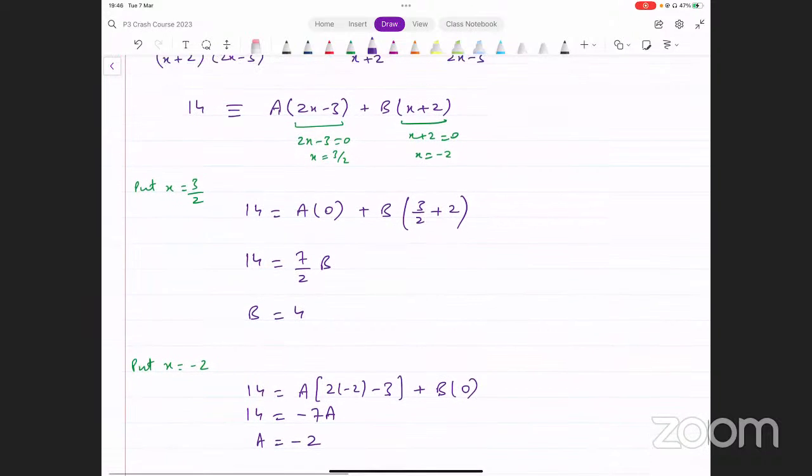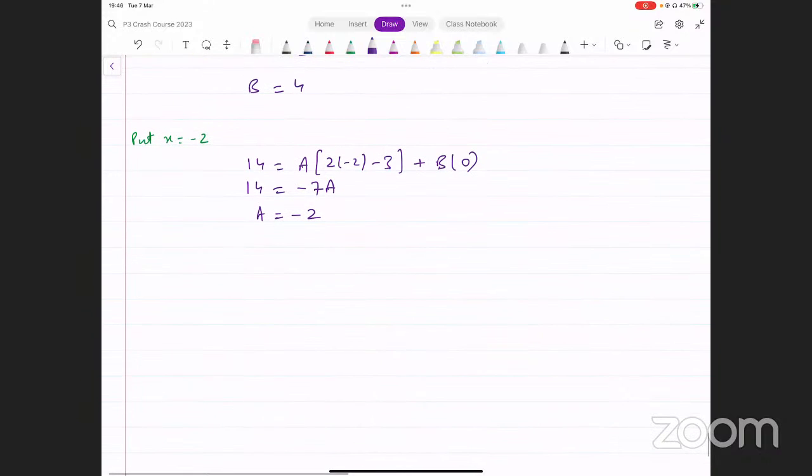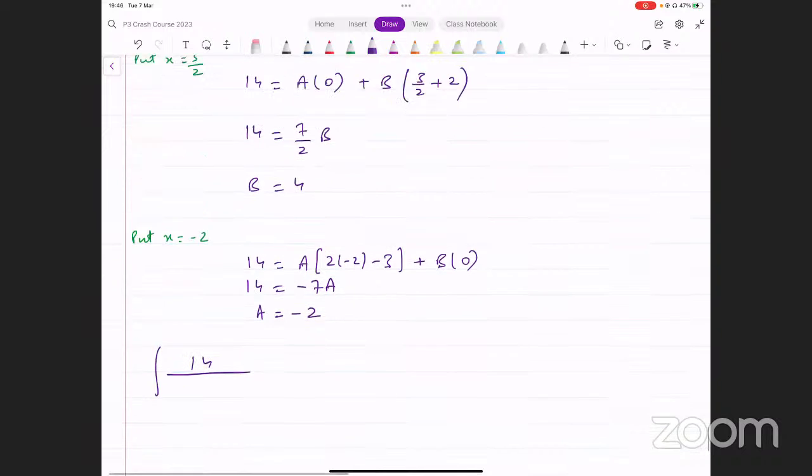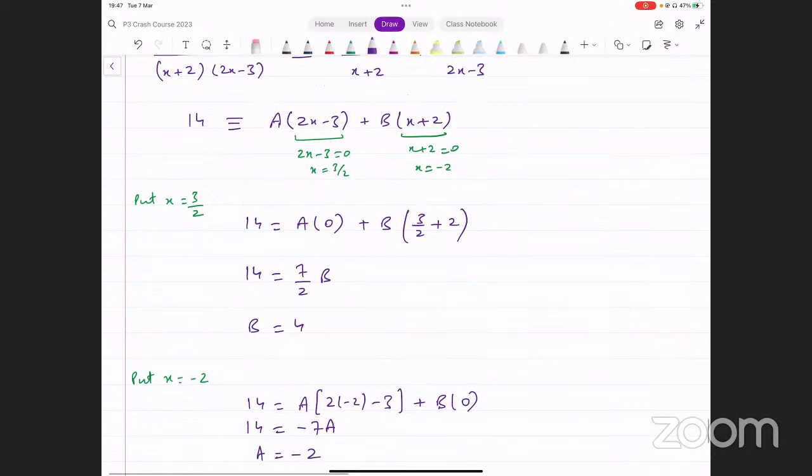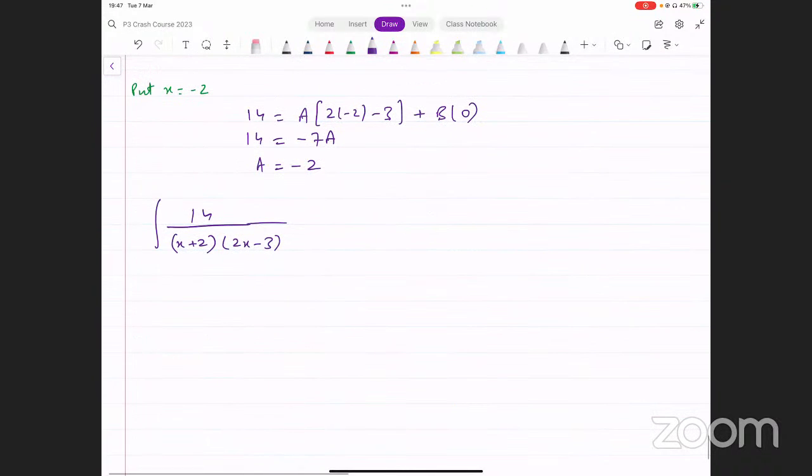Now once we have the partial fractions, the integral that we were looking for, integral of 14 over x plus 2 into 2x minus 3, can be converted to something like this.